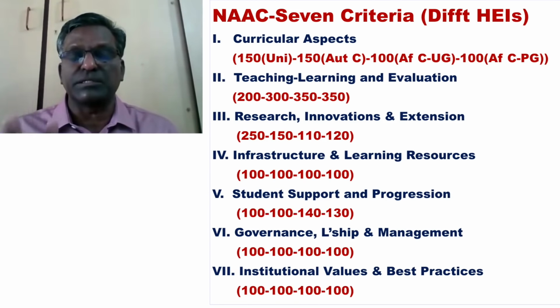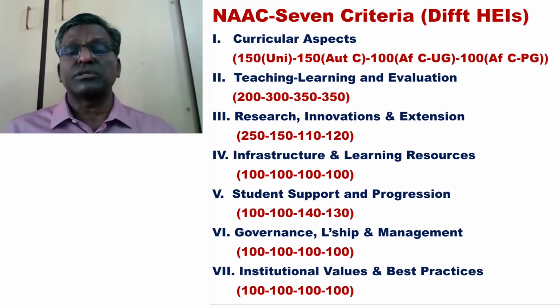So that is why the 4 columns. The first number refers to universities, the second to autonomous colleges, the third to affiliated colleges, UG, and the fourth to affiliated colleges, PG.